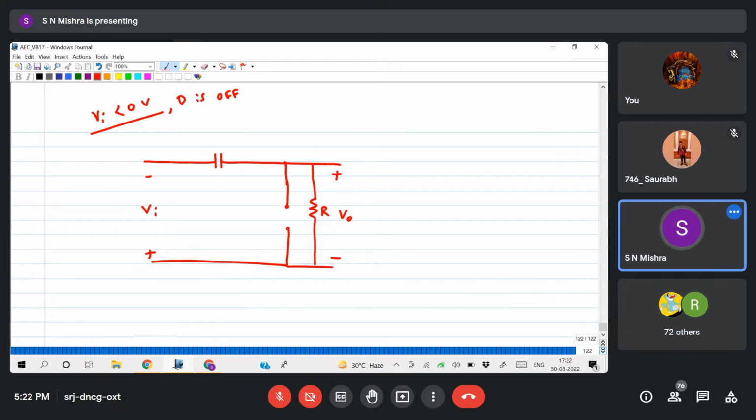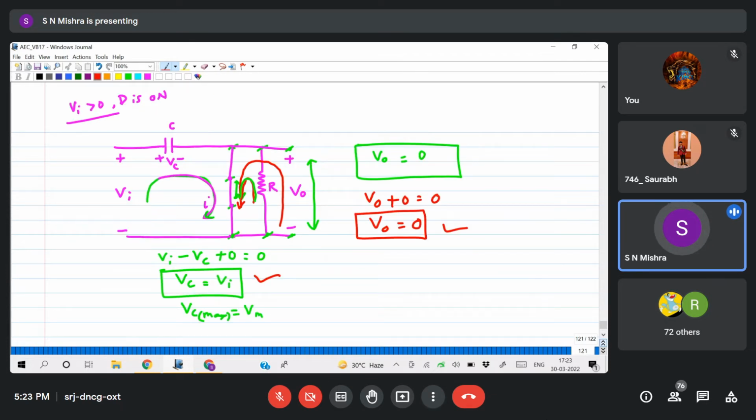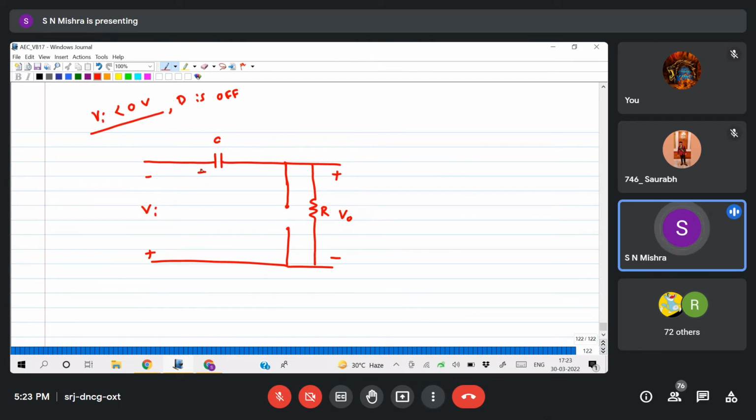Time constant means the capacitor C discharges through the resistor R. So this time constant should be large so that it discharges very slowly and not significantly, and we assume the voltage will remain the same. In the previous condition we assumed plus minus VC, so here also I assume the same voltage. It will not discharge. Is this point clear? Can you repeat once?